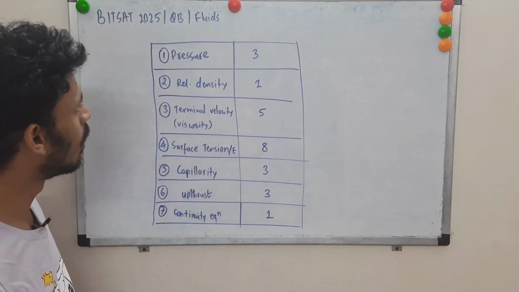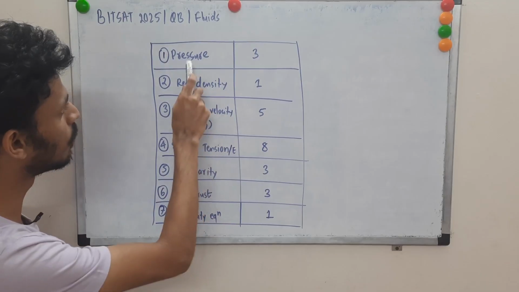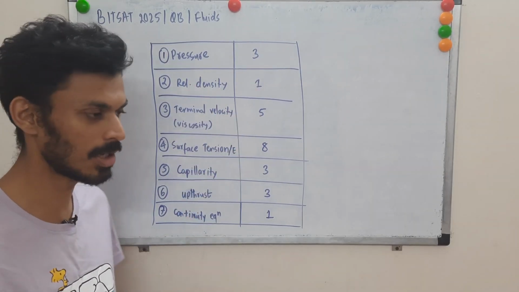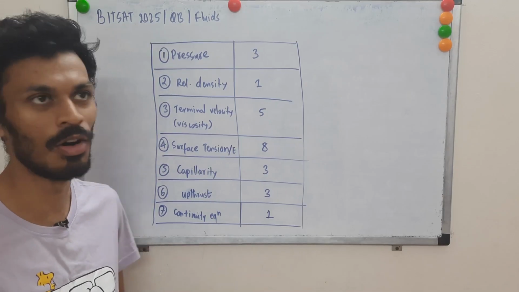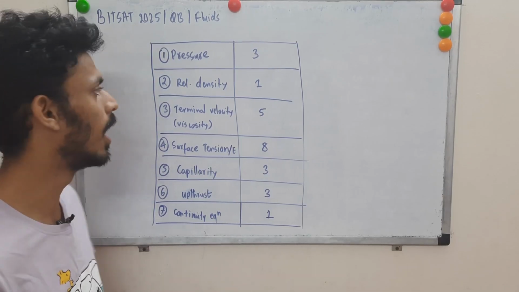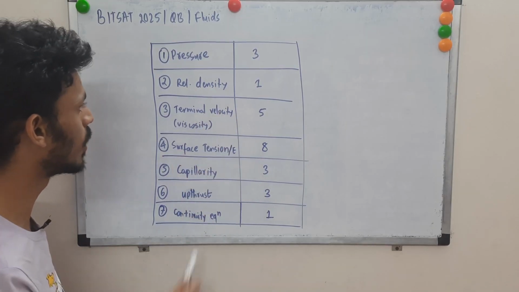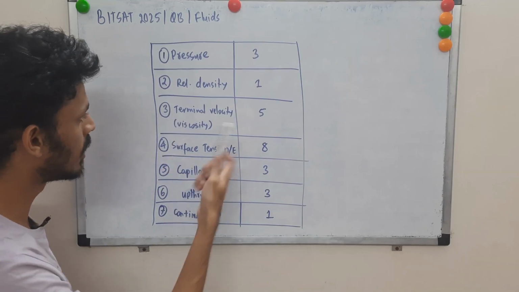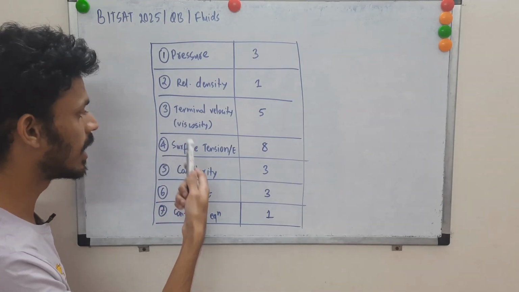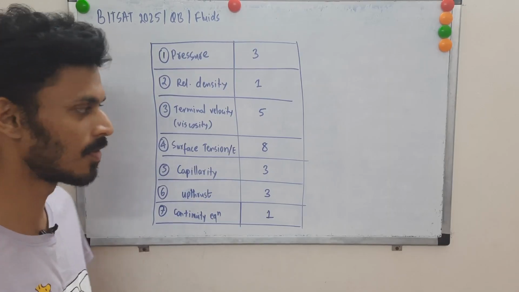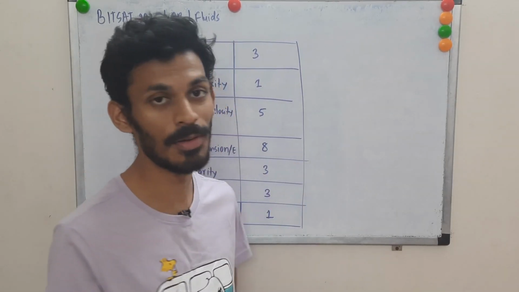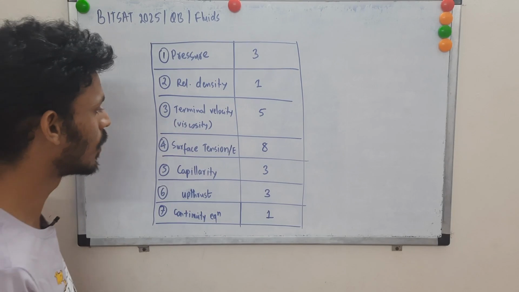Let us discuss the important topics. From pressure, 3 questions were asked, especially on the excess pressure of a soap bubble. Relative density, only 1 question. Terminal velocity, 5 questions. Surface tension and surface energy is one of the favorite topics, with about 8 questions in the previous few years.